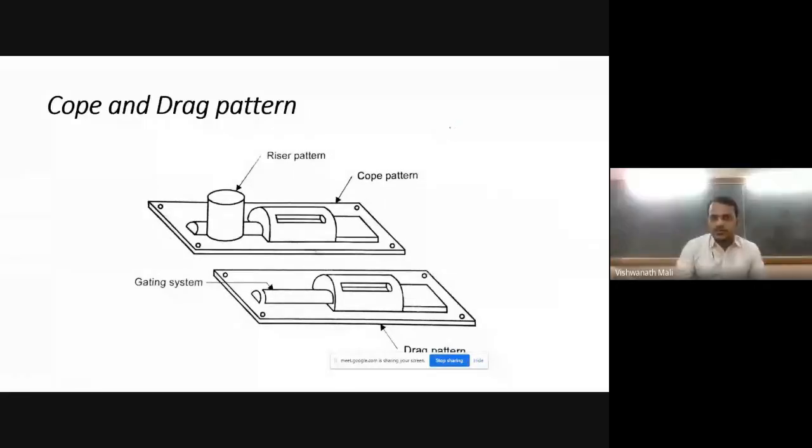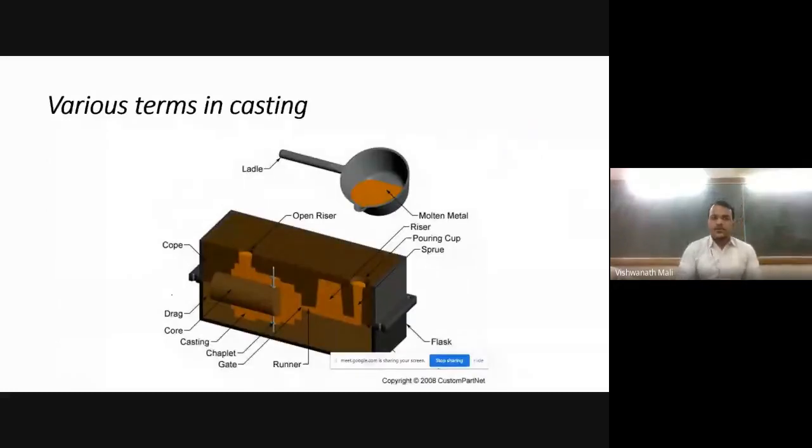So in the casting process, what we get? Poor surface finish. So why we get the poor surface finish? See here. So these are the sand. Generally this molten metal may go into the sand. This is called sand inclusion. Such type of defects we are going to see in the casting defect.